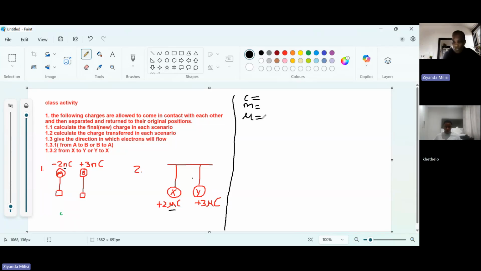If you see nano, or P for pico, you must know what each of these represents. When you see nano, you replace it with times 10 to the power negative 9.